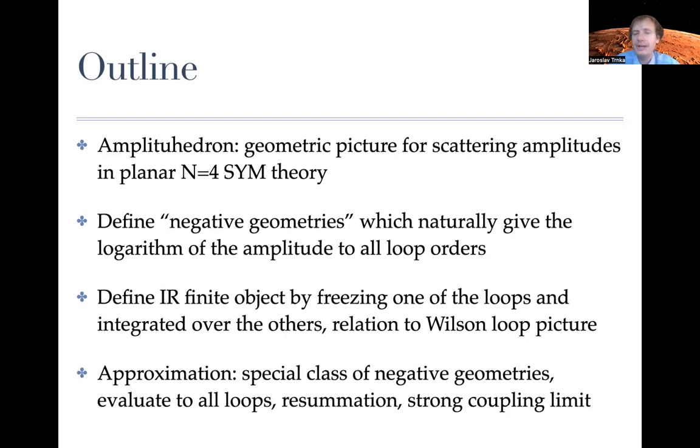We will compare what we get in our geometric approximation to the known results. This is one particular object we are interested in, but it's our first attempt to use this geometric picture to do some all loop order calculation, do the resummation, and look at the strong coupling, which is something we were not able to do before.